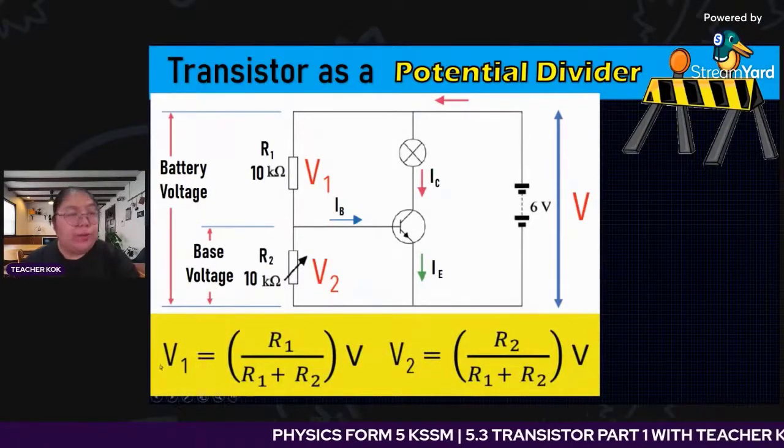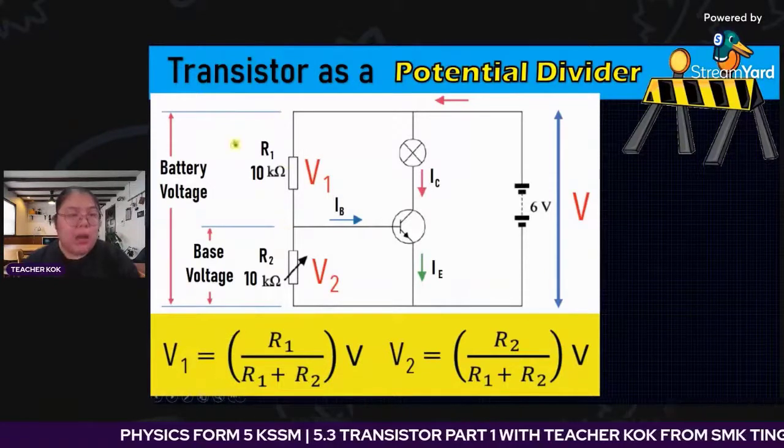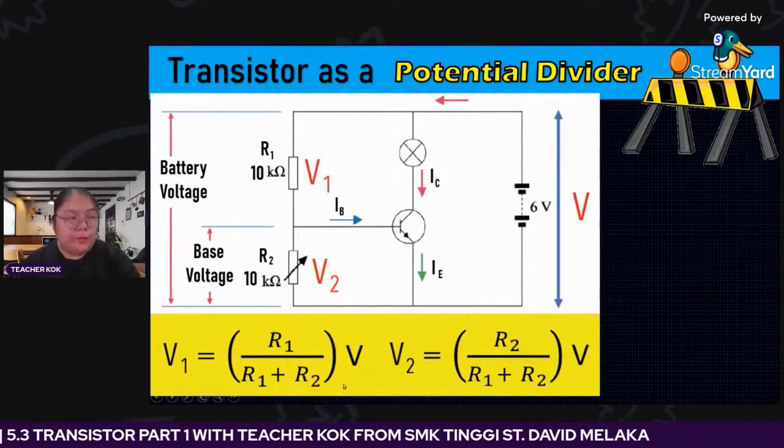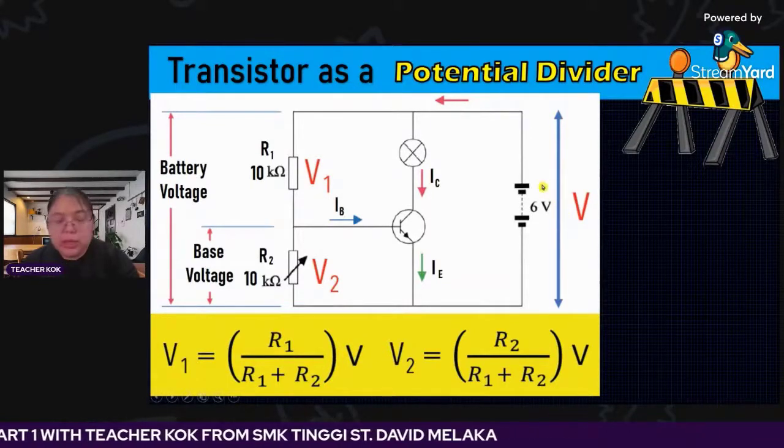If we want to find V1, the formula is R1 over R1 plus R2, then multiply by V, where V is the total voltage.